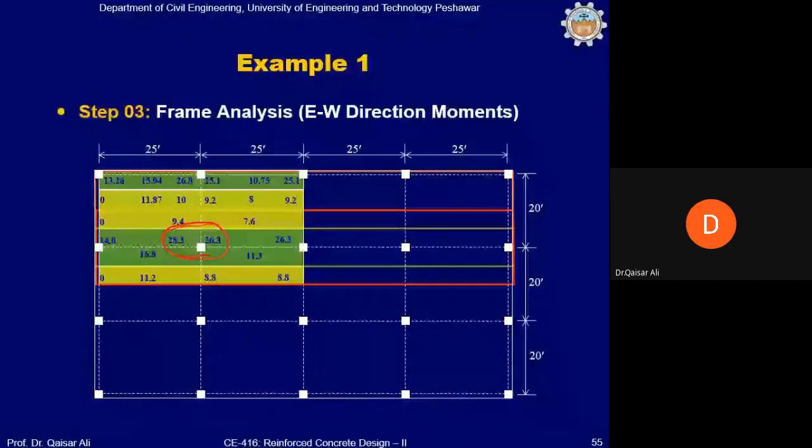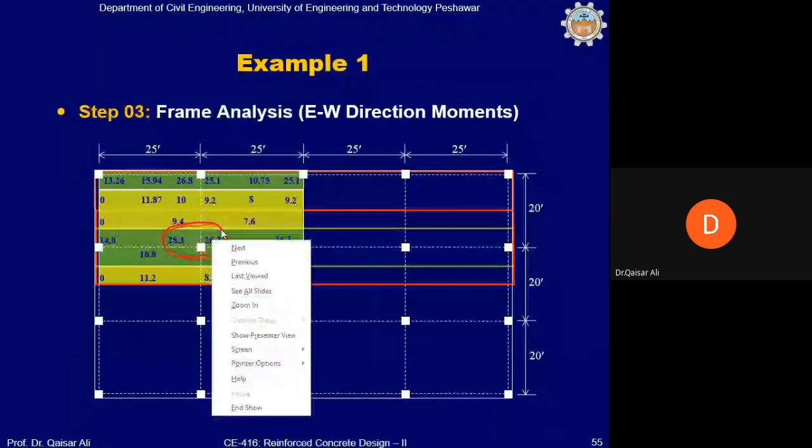So for this 28.3 foot kip bending moment, let's design the column strip, and we will calculate the reinforcement required to be used as top bars in the column strip for this bending moment.